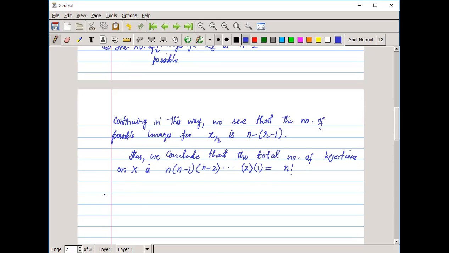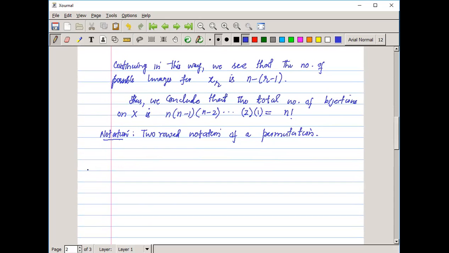Now we write some notation. The notation is about the two-row notation or two-row representation of a permutation. So what does it mean to write the two-row notation for a permutation?